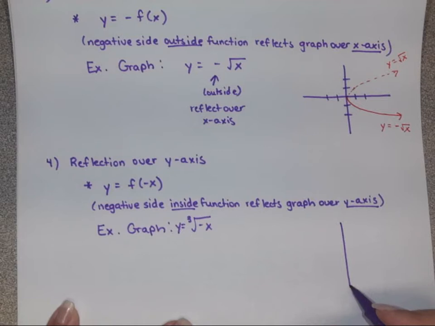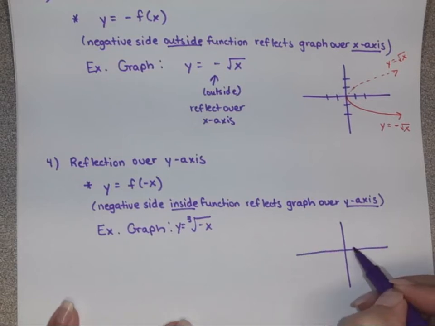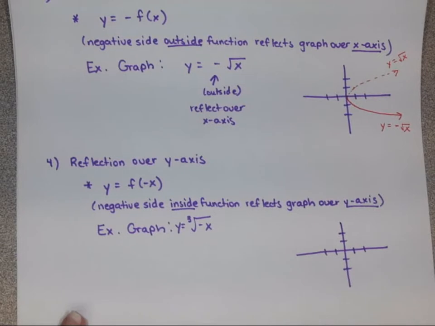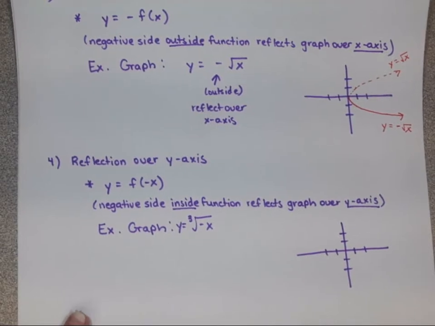Okay, so again, we really don't start talking about what change to make until we at least remember what the original looked like. So what's the simplest cube root function? Just plain old cube root of x, right? Do you remember what that one looked like?